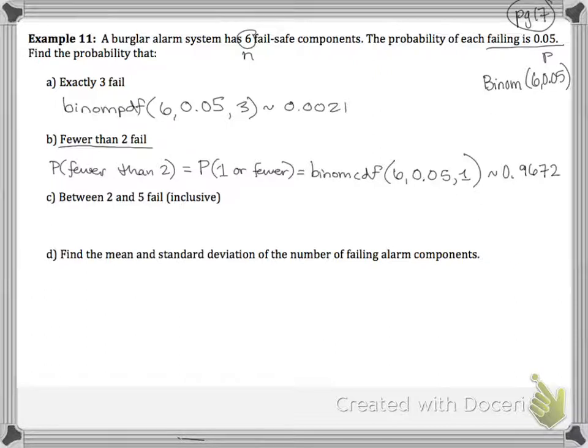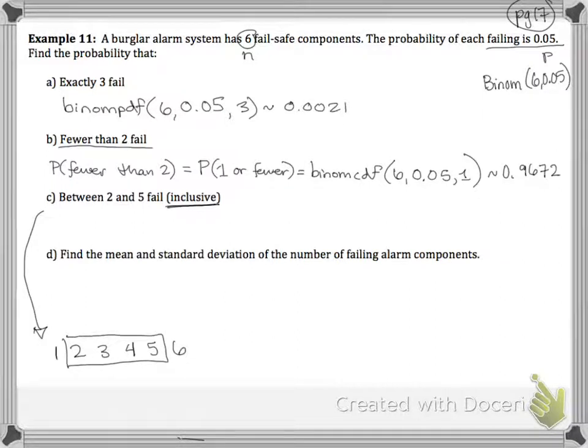Between 2 and 5 fail, and this says inclusive. So if we make the same kind of chart, I'm going to move down here so we have plenty of room. We make the same kind of chart as before, 1, 2, 3, 4, 5. And we like to box in the things that are included.